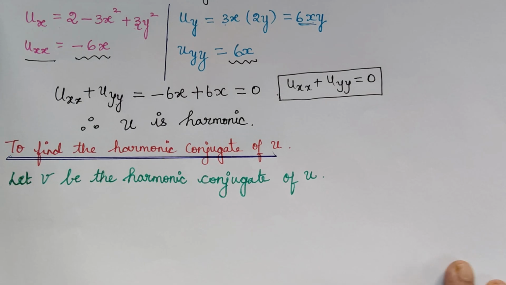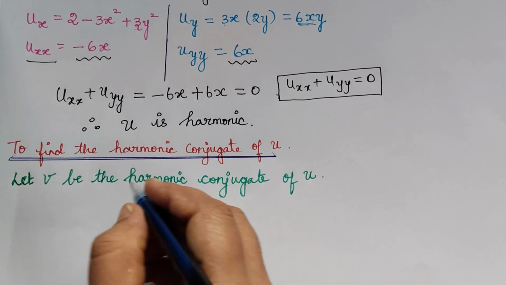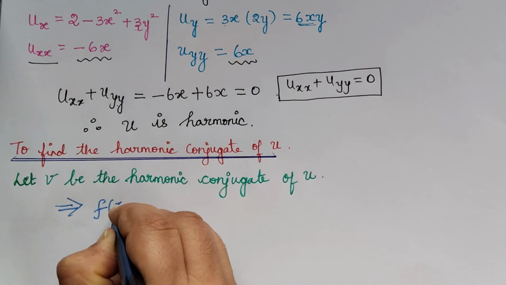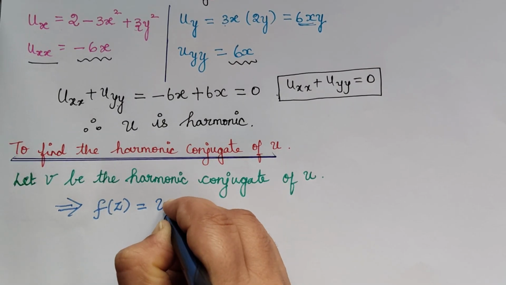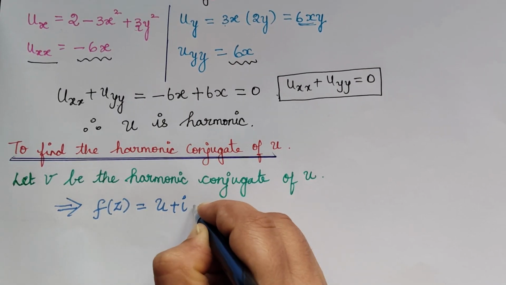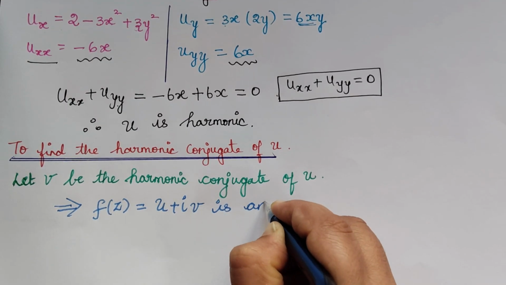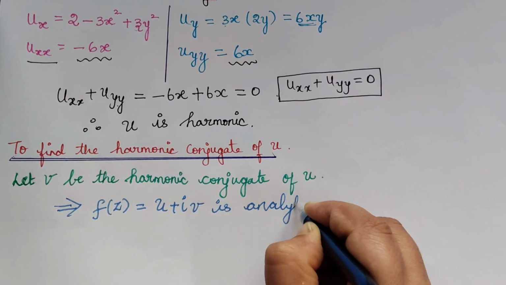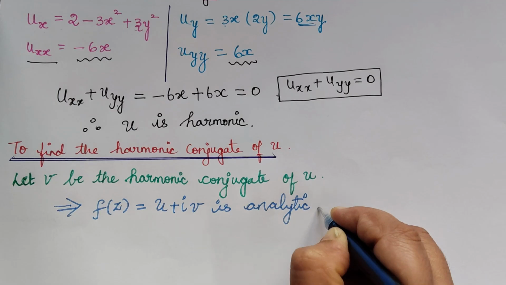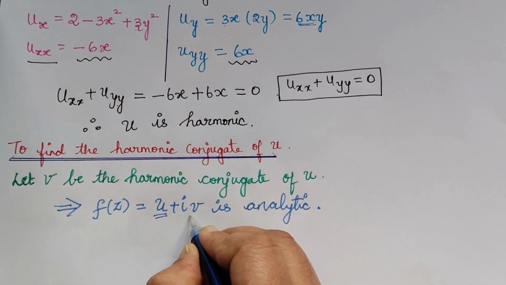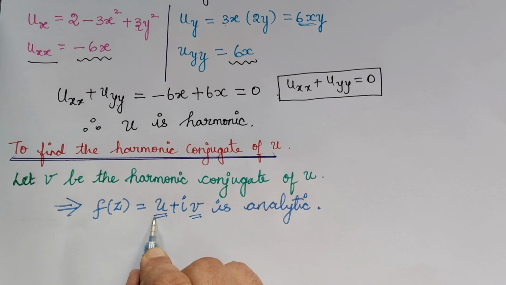Then by the definition of harmonic conjugate, this implies the function f of z, which is equal to u plus iv, is analytic. This is by the definition of harmonic conjugate, where the function u is harmonic and v is the harmonic conjugate of u.